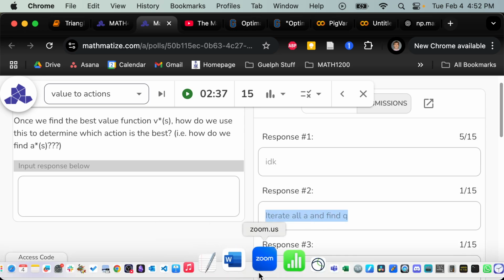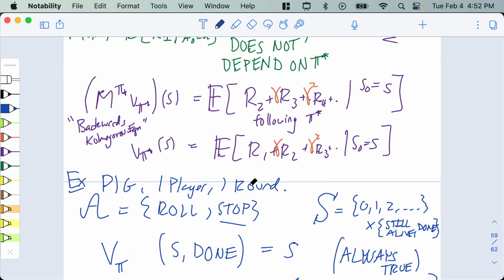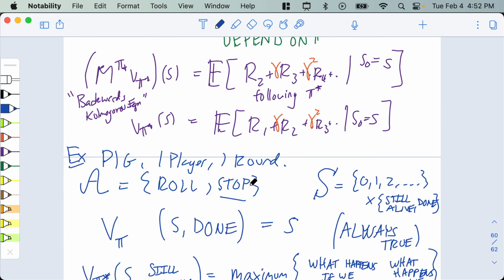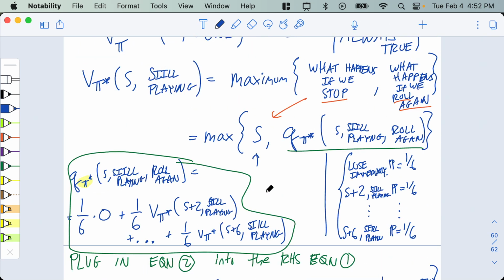Okay, so the idea is, remember, if we had an equation that tells you Q in terms of V. So now we found V, and if you know V and you know this equation that is circled in green, you can turn that into finding Q. And once you find Q, then you can figure out which one is better, right? So this is the Q rule again.